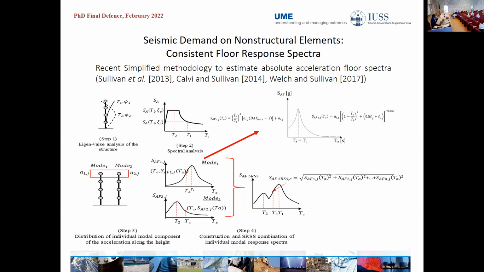These contributions you can calculate with a simplified method, using empirical equations which give a rising branch of the floor response spectrum up to the mode period of the supporting structure, and then a decreasing branch for periods longer than the mode period of the supporting structure. And then you combine all these contributions using an SRSS combination, and you get the final estimate of the floor response spectrum.